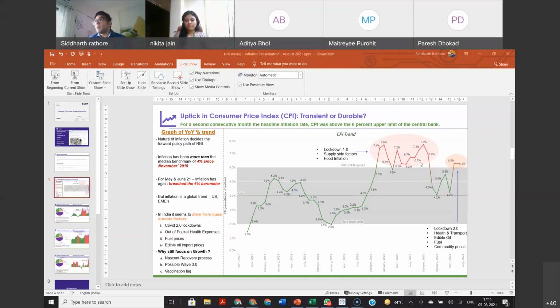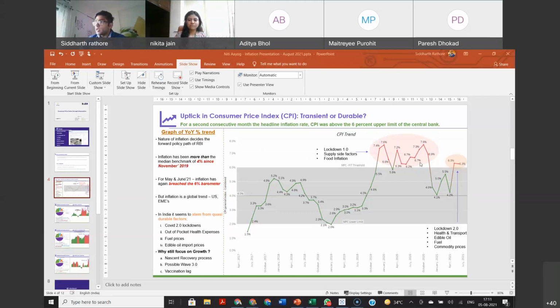The analysis RBI has taken is that it is taking this inflation to be transitory, that it will ease down with time, and it does not want to go for a rate hike right now, when growth is at a very nascent stage.